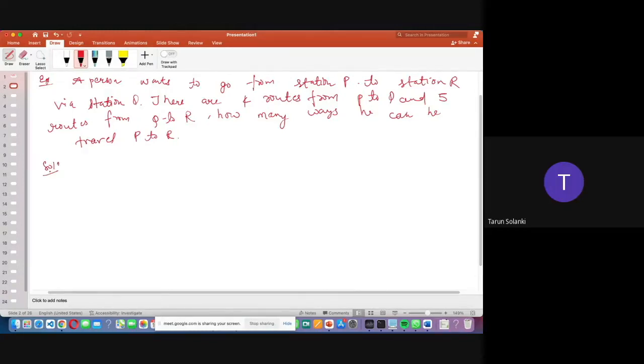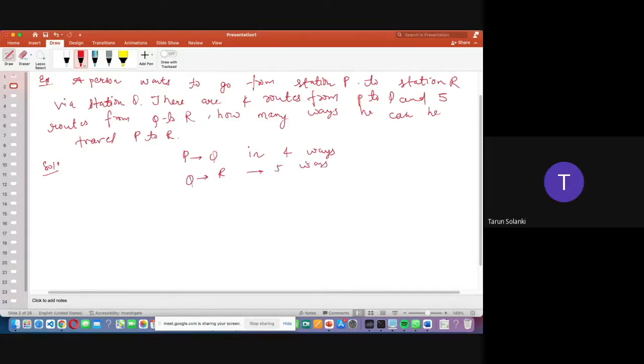He can go from P to Q in four different ways, and Q to R in five ways.